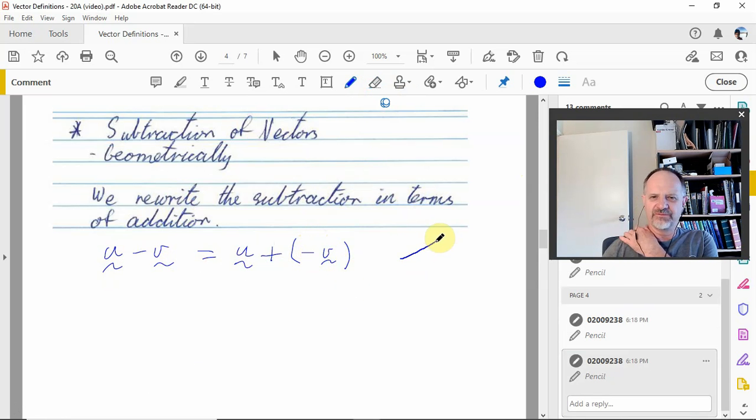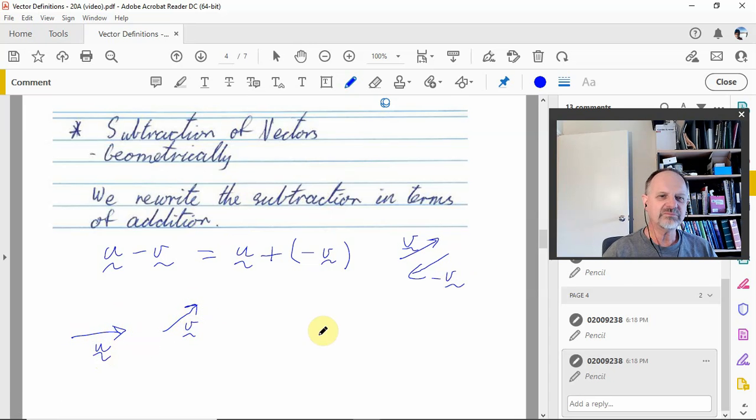All right, so if v points this way, then negative v points completely the opposite direction. All right, so if we've got two vectors, so vector u and vector v like we had before, then vector negative v, of course, is this way.